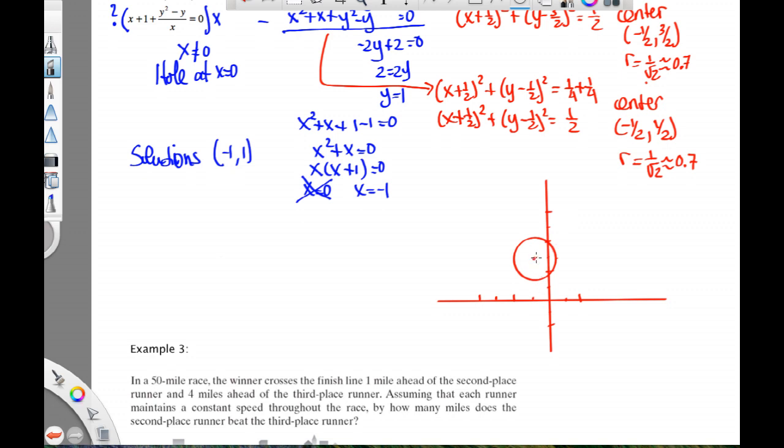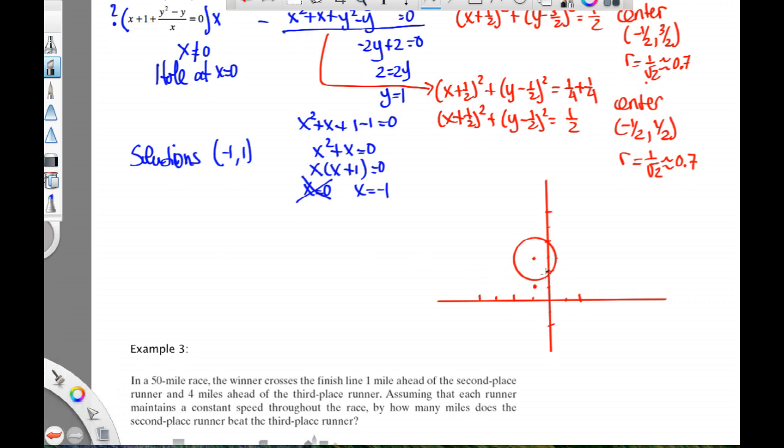So if this is 1.5, so 3 over 2, then that's 0.7-ish. So the center for the second one is actually just below this one still. And then they intersect sort of here, but that's supposed to be a circle. So I'm going to make that a hole.